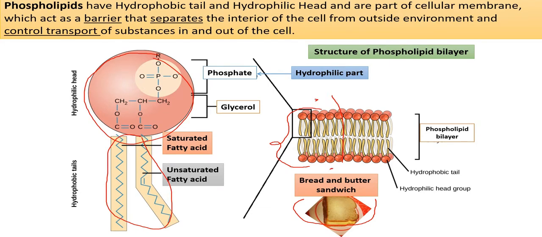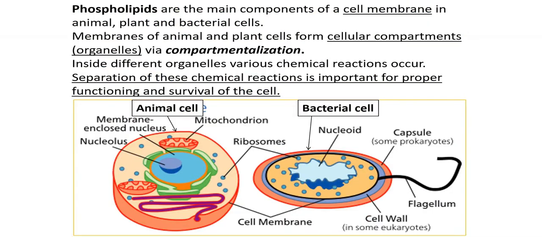At the same time, in the cellular membrane we will have special transmembrane proteins, and they will control the transport of substances in and out of the cell. So transmembrane proteins regulate what goes in and out of the cell.